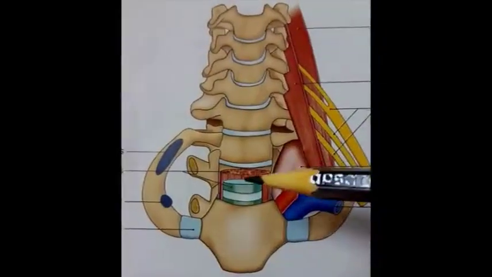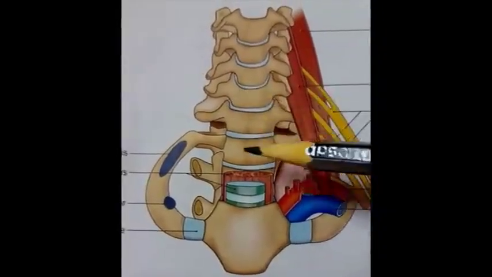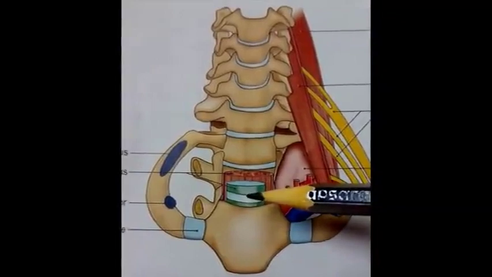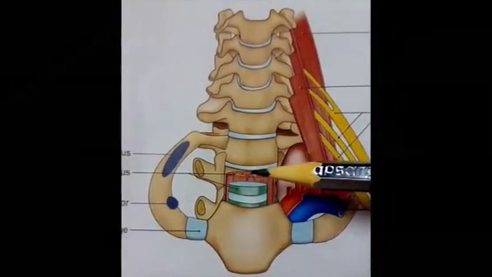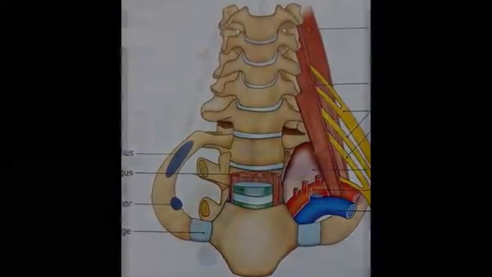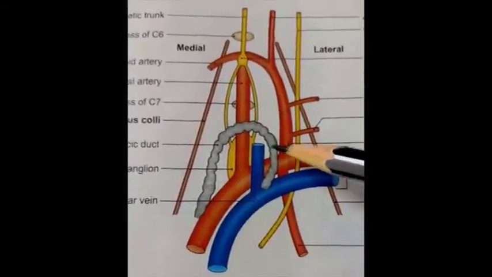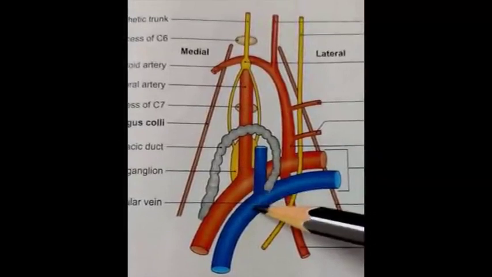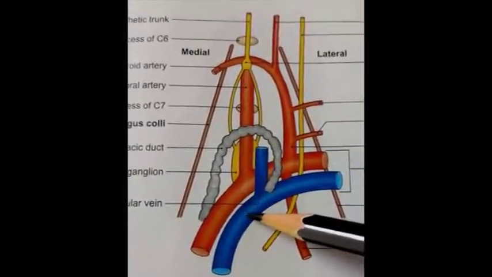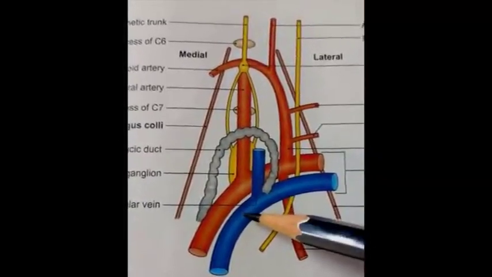Medial relations are vertebral bodies, trachea, esophagus, thoracic duct, left recurrent laryngeal nerve, and large vessels of neck, that is arteries and veins. These are also present medial to the cervical pleura.